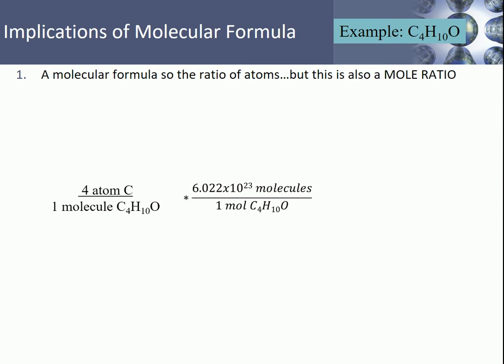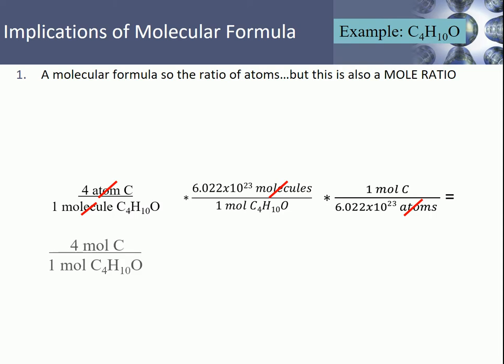I can do the same thing for the atoms of carbon, but this time I would need to have the atom part of Avogadro's number in the denominator. And so doing, the molecule terms cancel out, the atom terms cancel out, and I'm now left with moles of carbon over moles of C4H10O.